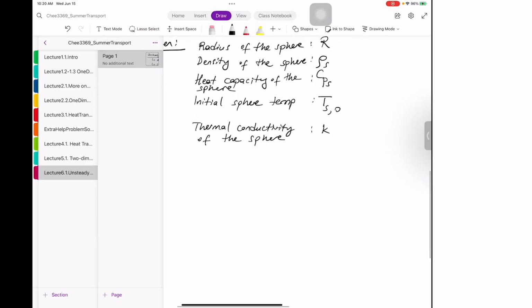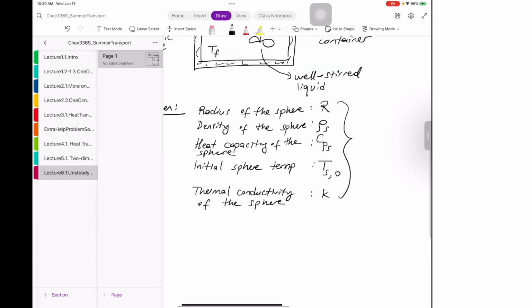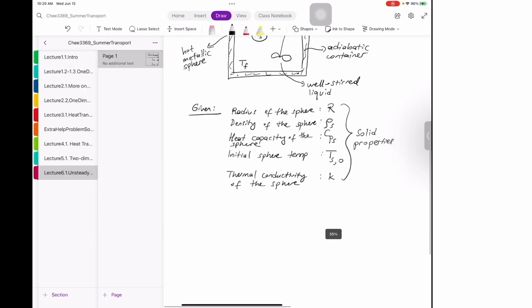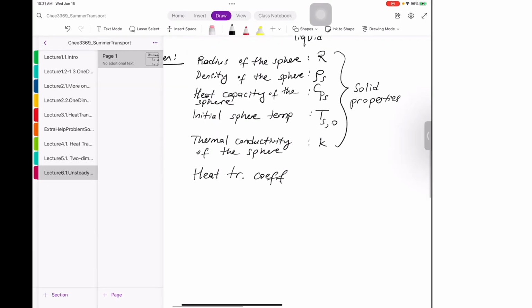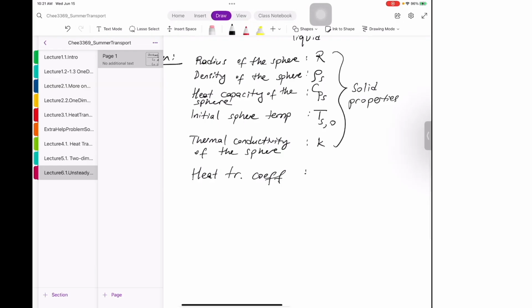Okay, and the heat transfer coefficient, so basically these are the solid properties, or the numbers for the solid. And I need to give you the heat transfer coefficient. Let's take it as h.